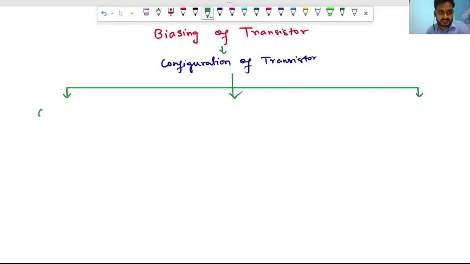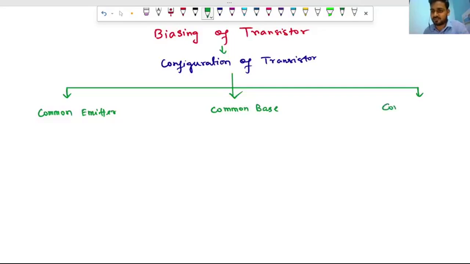So let me write. Common emitter means the emitter will be common here. Emitter voltage is common. Here, common base.